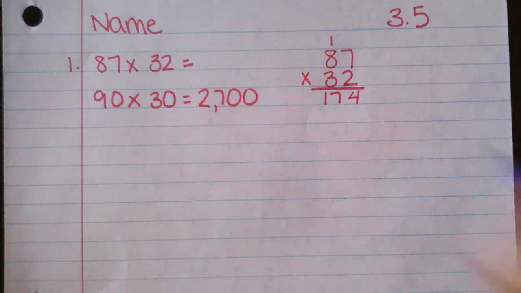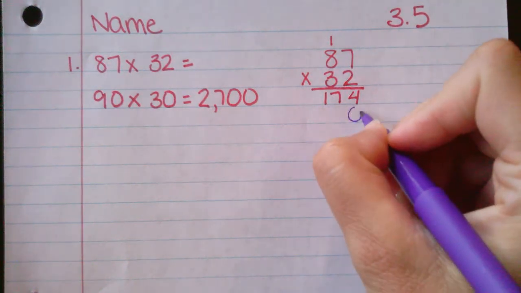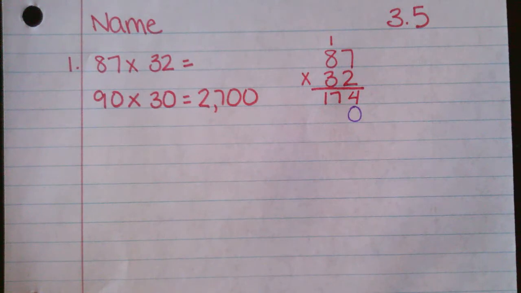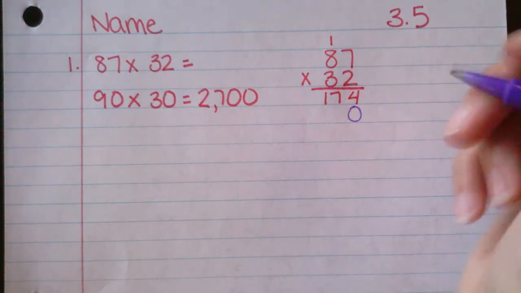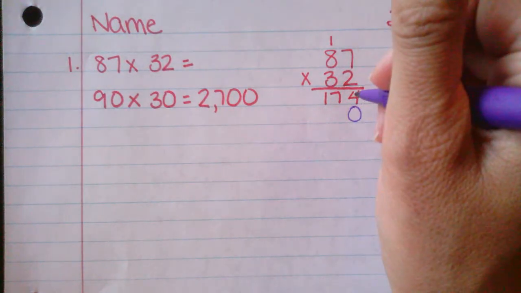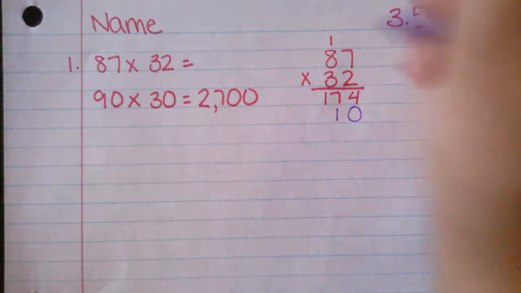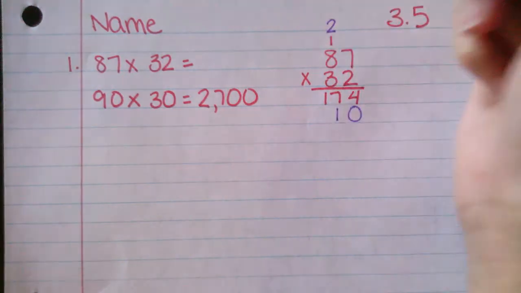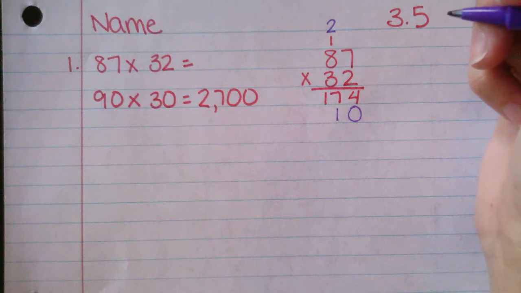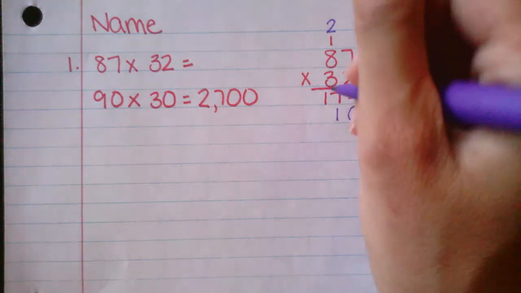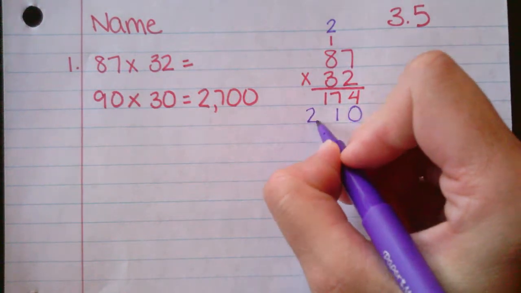And since it's a 30, we need to put down our 0 so that we are making it in the right place value. 3 times 7 is 21. Holy smokes, had a brain fart. 3 times 8 is 24, plus 2 is 26.